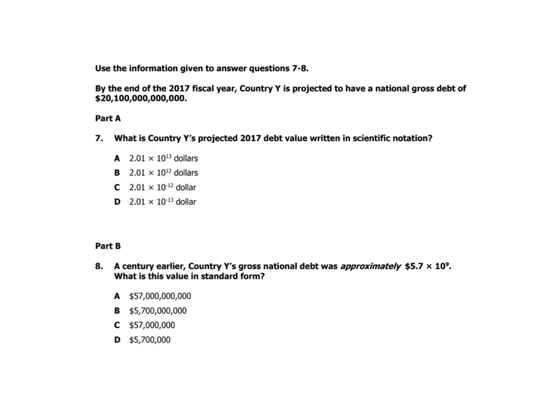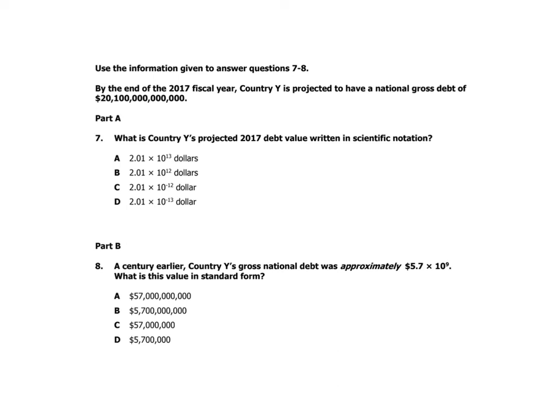Use the information given to answer questions 7 through 8. By the end of the 2017 fiscal year, country Y is projected to have a national gross debt of $20,100,000,000. What is country Y's projected 2017 debt value written in scientific notation?